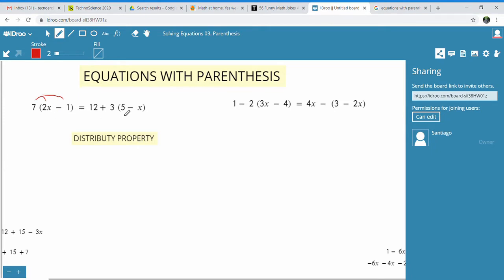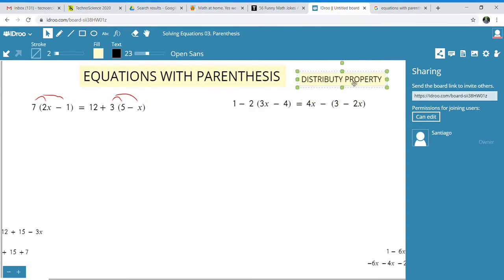And the same here. You multiply 3 times 5 and 3 times minus x. So let's see what the solution is.